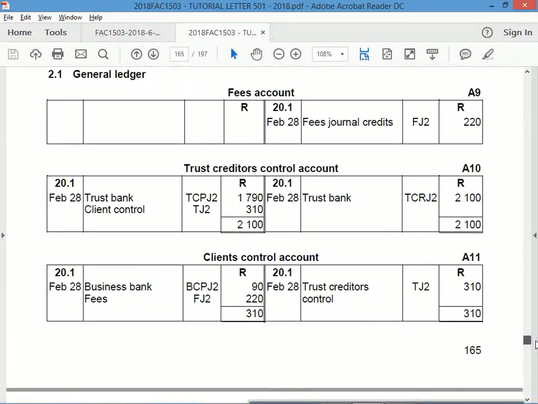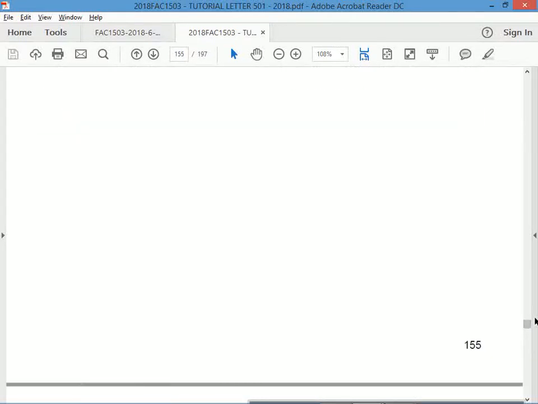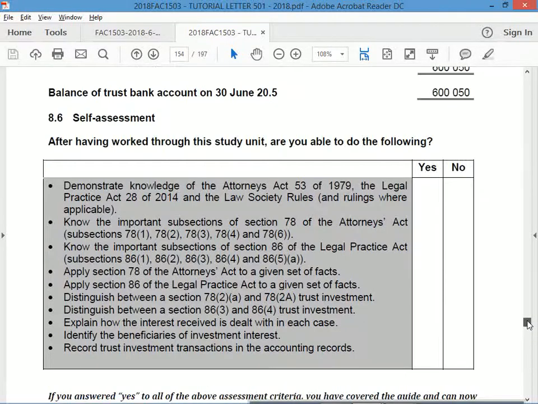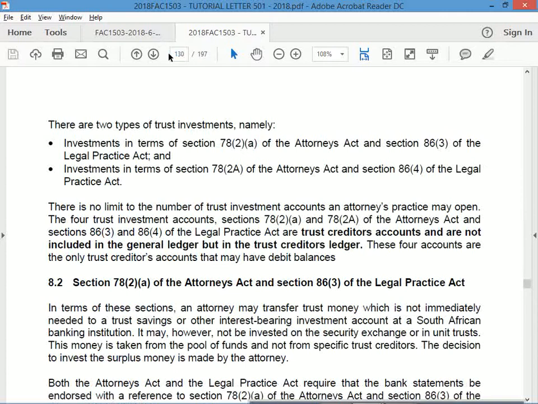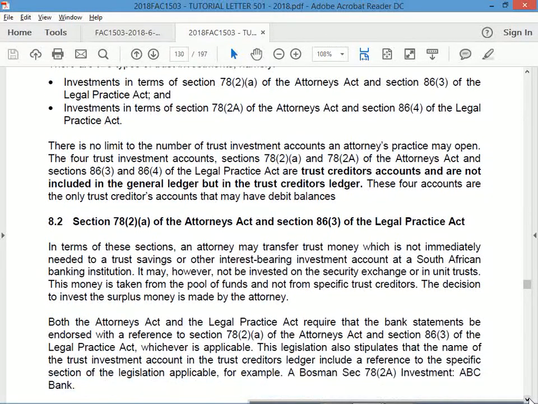This was the last chapter. What page is it on in the study guide? 130. Okay, there we go. Let's have a look here. 86.3 and 86.4. Okay, there we go.